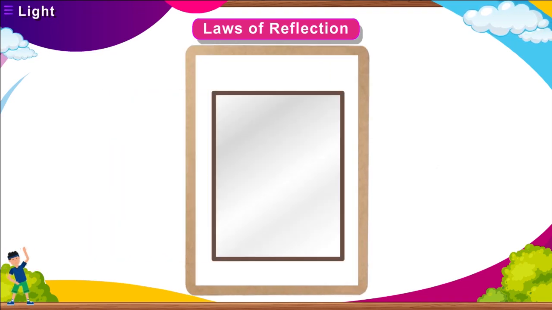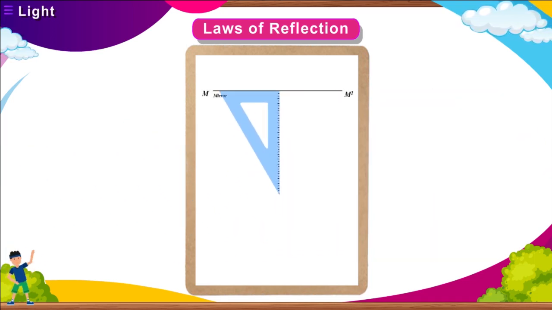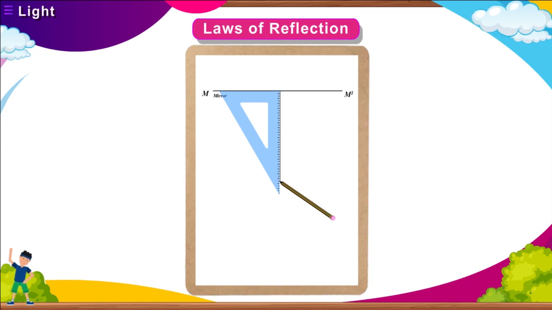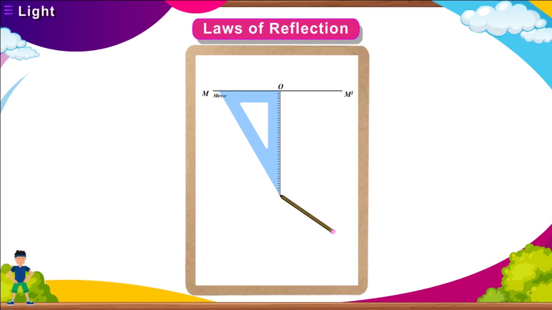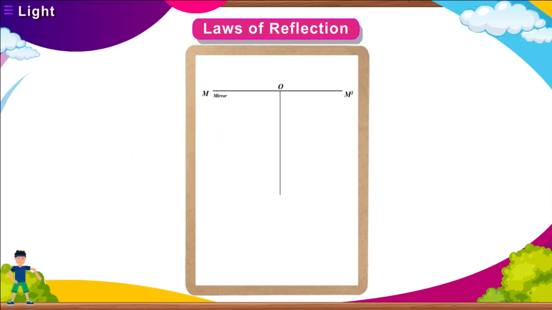Place a plane mirror on a drawing sheet and mark its edge with a pencil. Remove the mirror and, with the help of a set square, draw a perpendicular from a point O on the line of the mirror. Place the mirror back on the line. Take two pins and place them in front of the mirror, one on the side of the perpendicular and one behind the other.